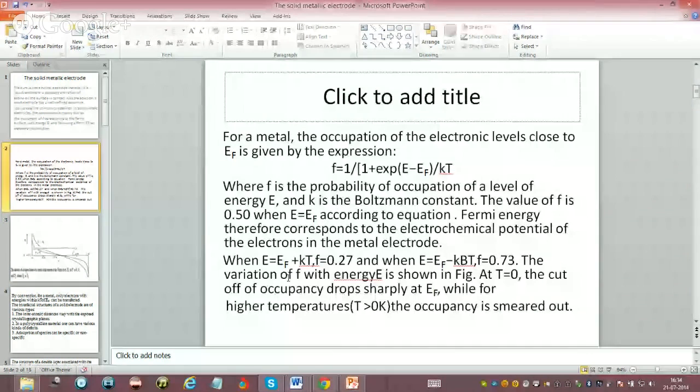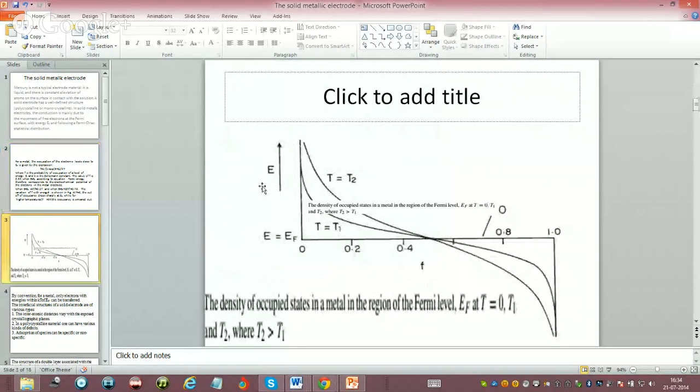So the occupancy decreases sharply at EF, while at high temperatures the occupancy is smeared out. I hope you have seen that the occupancy is dying out like this, whereas as we go towards T0, it becomes all the states up to the Fermi energy.